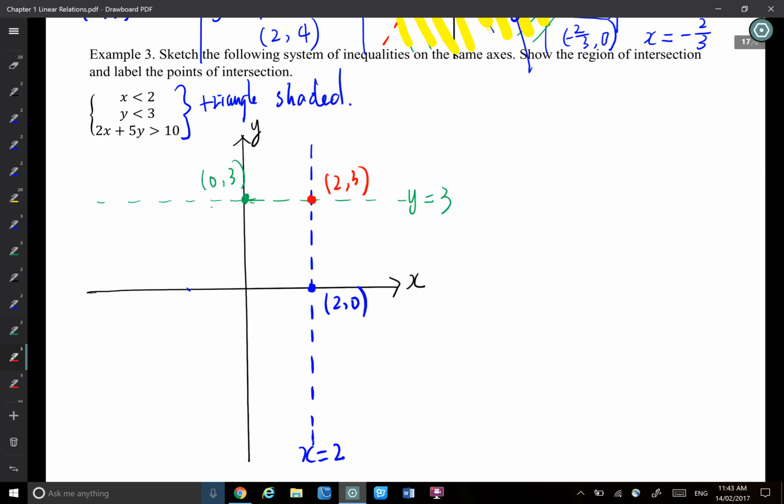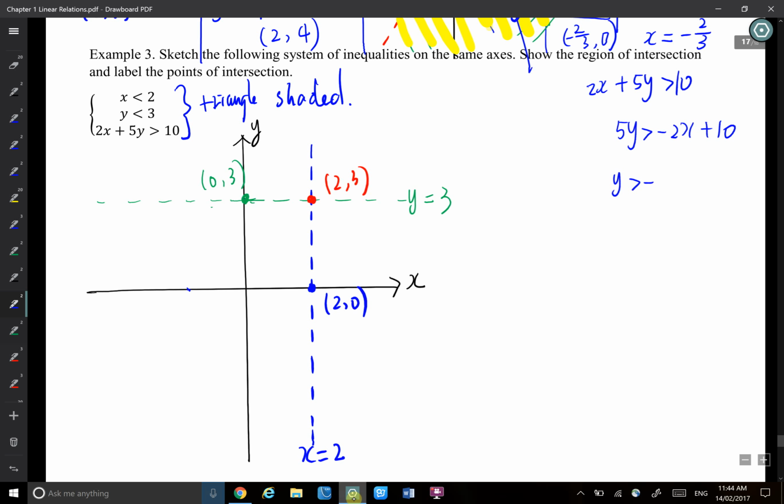And the next one will be a little bit complex. We have 2x plus 5y smaller than 10, so I need to work on that. So 2x plus 5y greater than 10, 5y greater than minus 2x plus 10, y greater than minus 2 on 5x plus 2. So the y-intercept must be 0, 2.